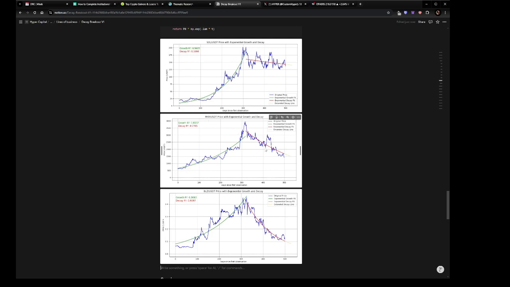And same thing here. But you can see when you match exponential growth and decay, it can also be more mean reverting, because you're growing really fast, but then you're also decaying very fast.